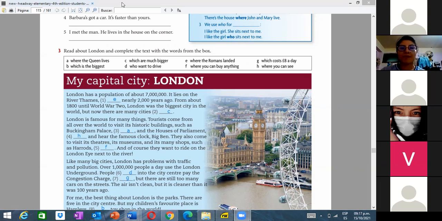It lies on the River Thames, where the Romans landed nearly 2,000 years ago, from about 1,800 until World War II.